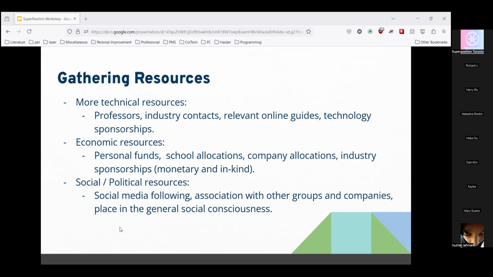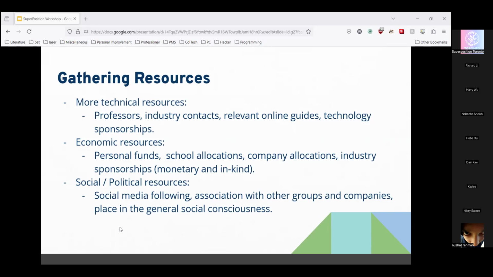Aside from your team, you can have other sources such as teachers or professors, industry contacts, relevant online guides or technology sponsorships. For example, we have a number of software sponsored for free at the undergraduate teams. Economic resources, pretty straightforward: personal funds, school or company allocations, any sponsorships, either monetary or in kind. In kind meaning that the company provides you goods and services instead of money.